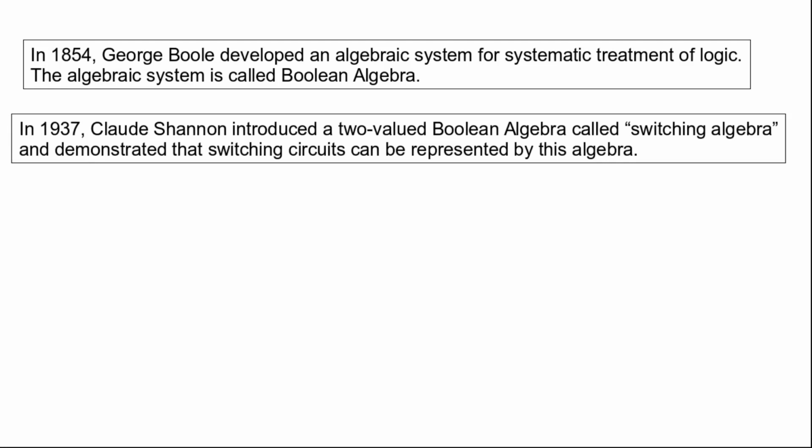It was the application of Boolean algebra to the design of digital circuits that simplified the design process, and it was because of the introduction of these theories that in modern days we can have complex digital circuits which have billions of switches in them.